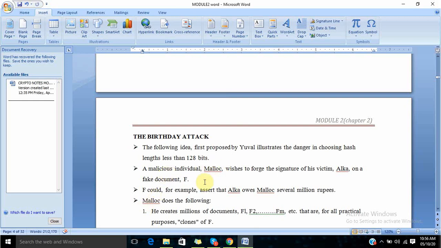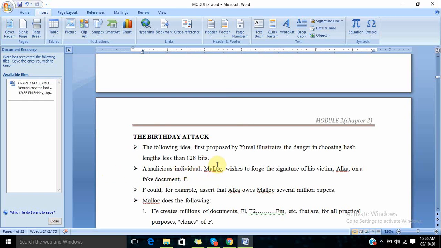A malicious individual. A malicious individual is particularly a person who is not authorized to do a particular work, which he is going to do here. Basically he is not given permission to do that work. Here that person is Malloc.